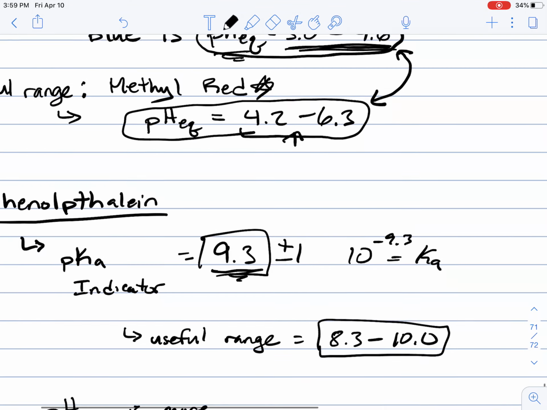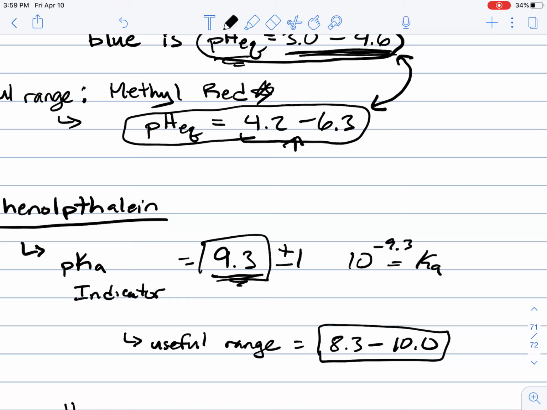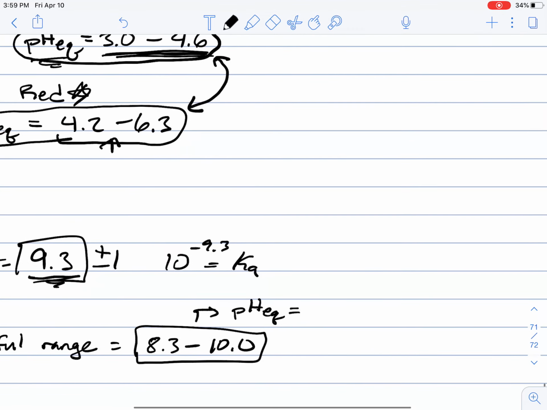Okay. And so in first semester general chemistry, when you were using phenolphthalein, that implied that the pH at the equivalence point should be between 8.3 and 10.0.